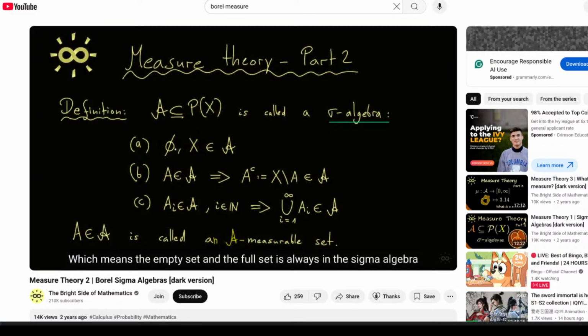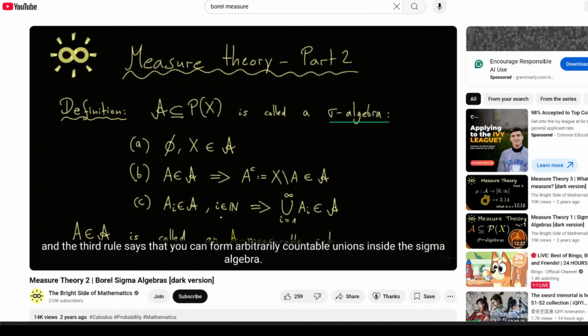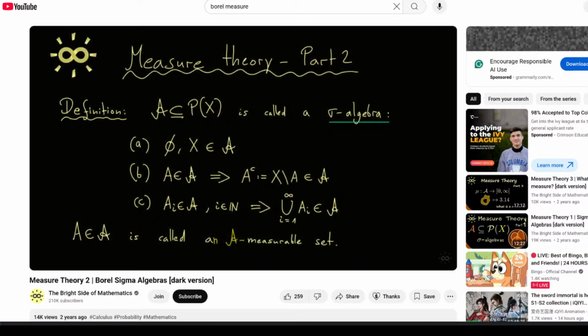Which means the empty set and the full set is always in the sigma algebra, and for each set also the complement is in the sigma algebra. And the third rule says that we can form arbitrary countable unions inside the sigma algebra. And all sets that are elements in the sigma algebra are just called measurable sets.